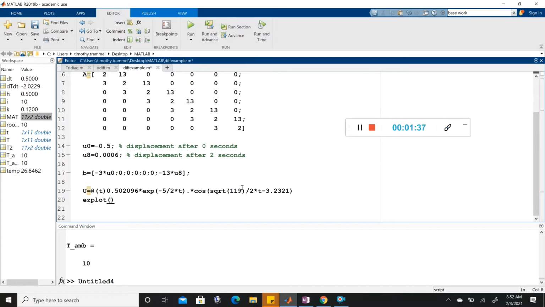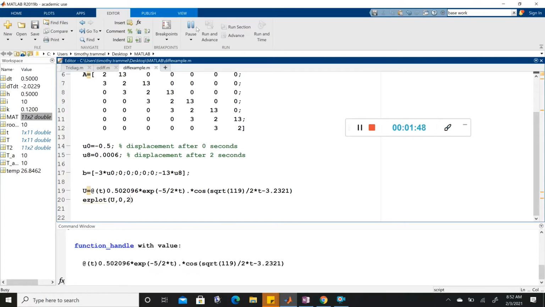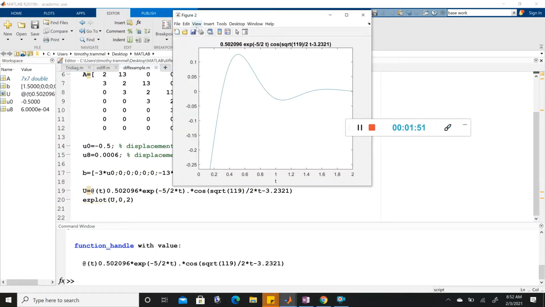So easy plot, function u, and we're only trying to solve this system from t equals 0 to 2. All right, and here it is.